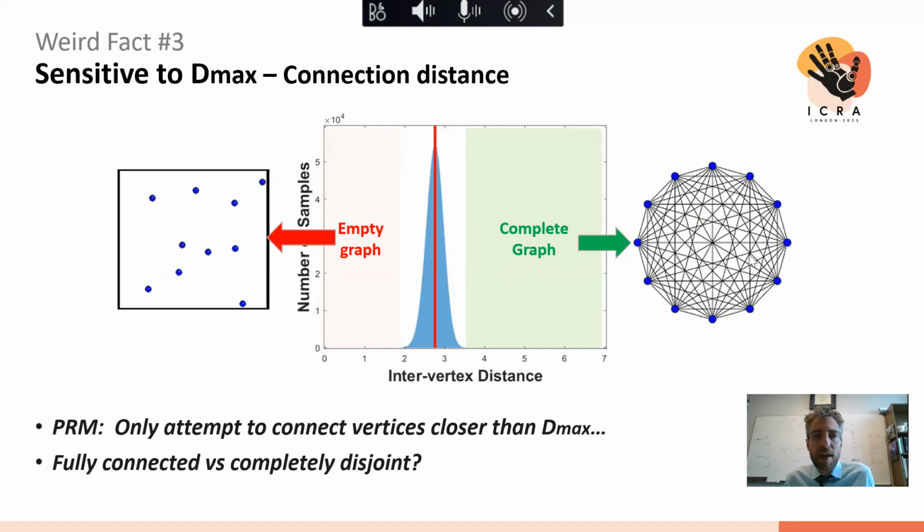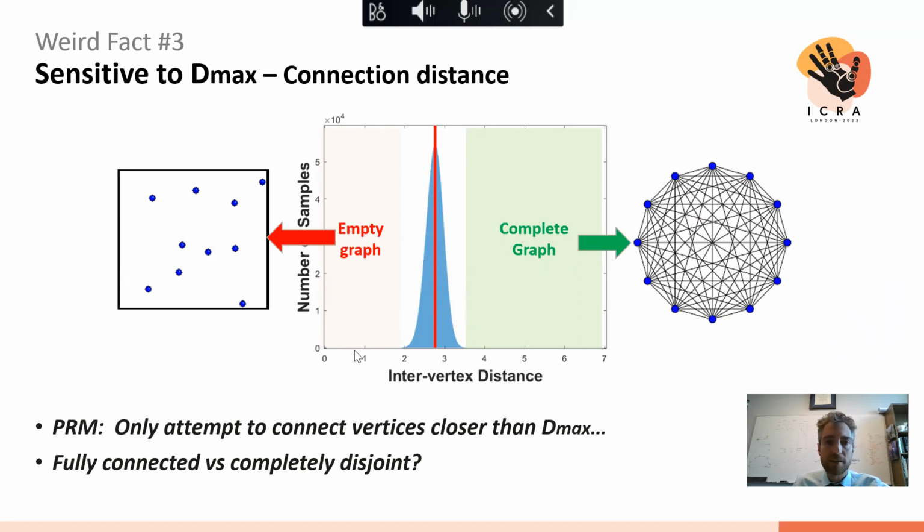A third implication is the role of the parameter Dmax in many sample-based algorithms. This is a threshold. It says if 2 vertices are closer than this value, then we try to establish a connection. And the purpose of it is we want to make it big enough to connect the graph, but not so big that we attempt an all pairs collision check, because that's very expensive. But you can see, because this is so tightly clustered, there's a narrow range of meaningful values for Dmax.